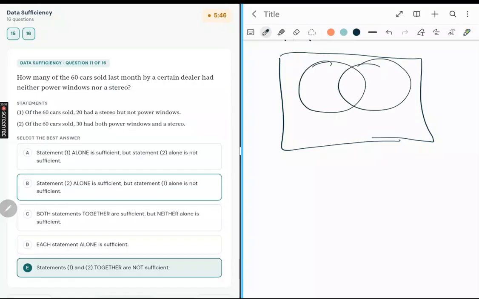So what are we asked here? Stereo, S minus B, B, power window, W minus B, then neither. Finally, we have total. Remember that S minus B plus B plus W minus B plus N equals the total.